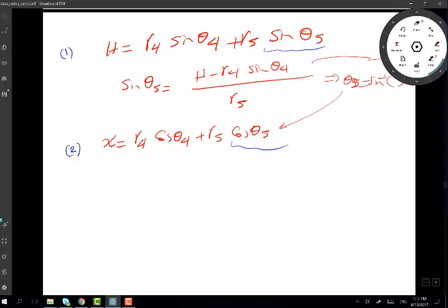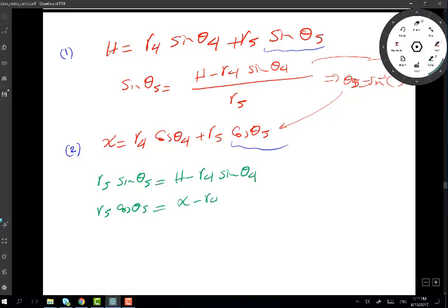So if I write this expression as R5 sine theta 5 equal to h minus R4 sine theta 4, that's one expression, and underneath, R5 cosine theta 5 equal to x minus R4 cosine theta 4.